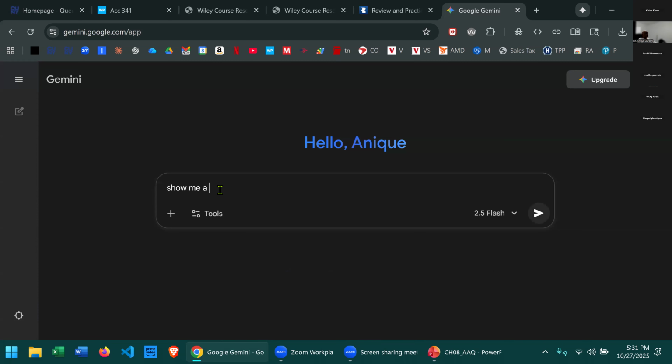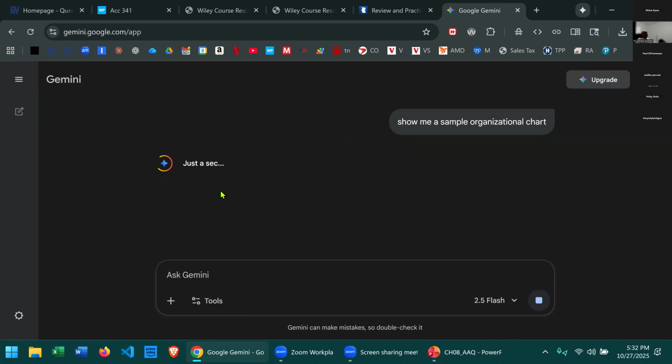Show me a sample organizational chart. And let me see again what I get off of it.